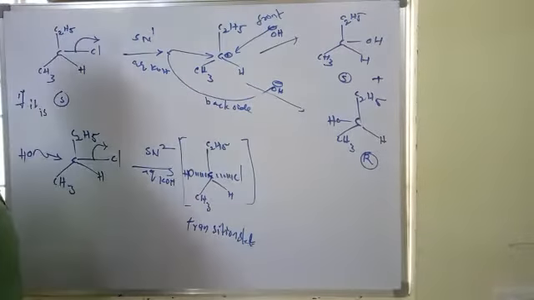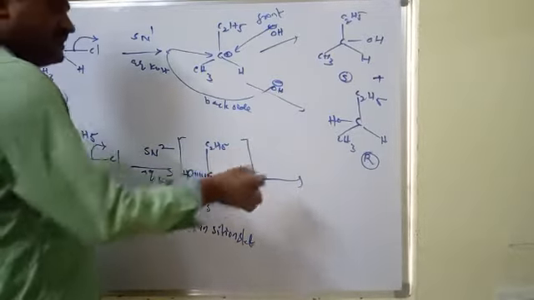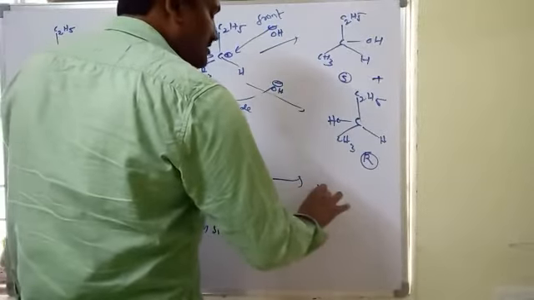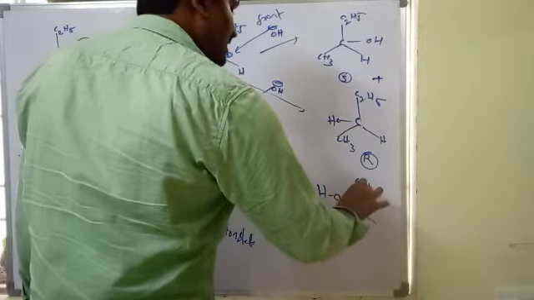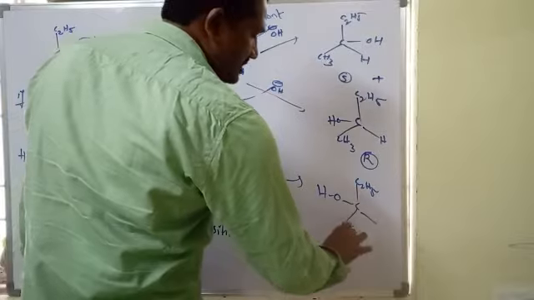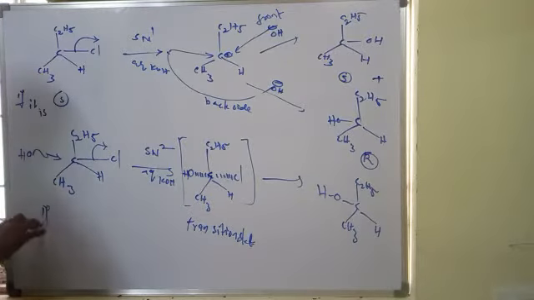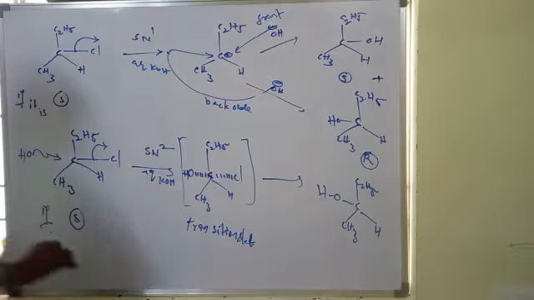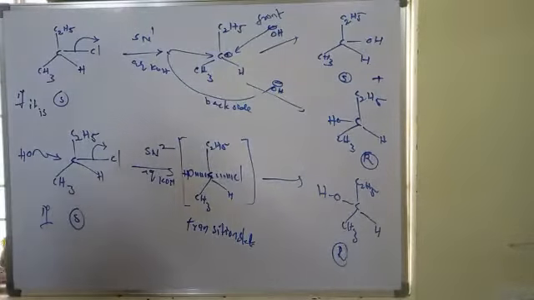After this, the OH completely attacks and the chlorine is completely eliminated. Now HO, C, C2H5 and CH3, H. If the reactant is S configuration, now exactly the opposite R configuration will be found.